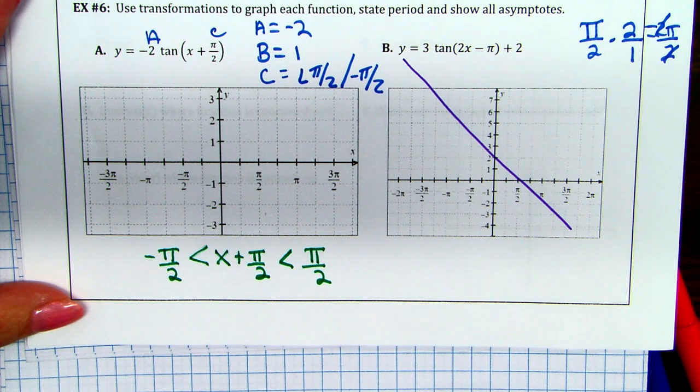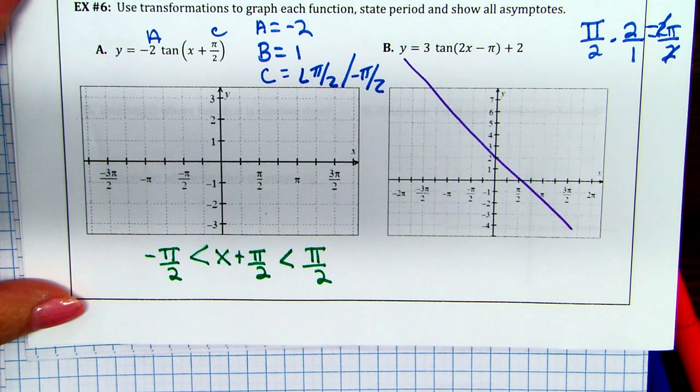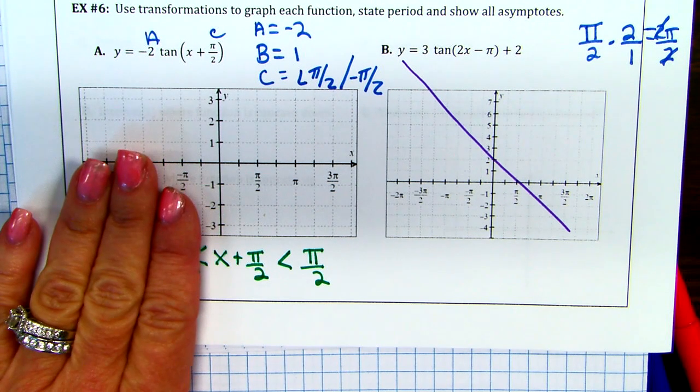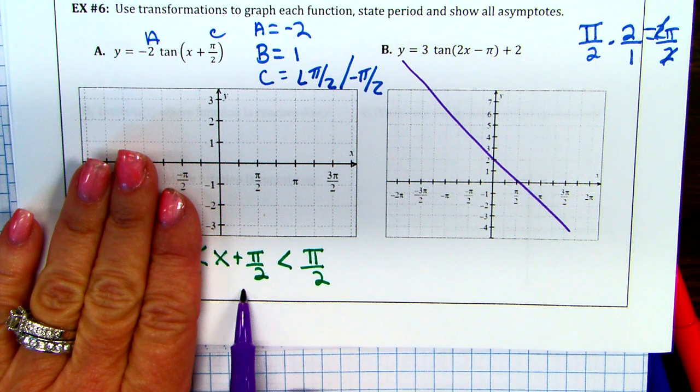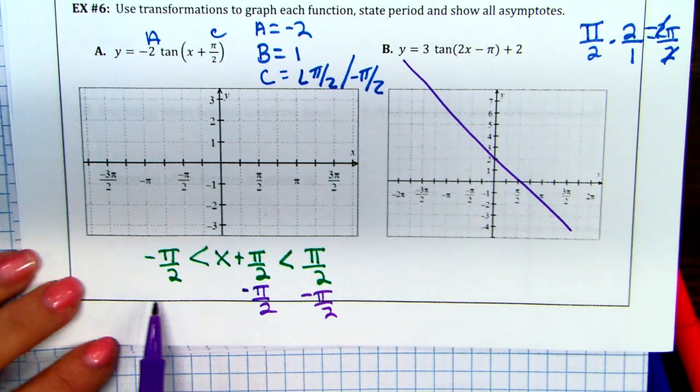Algebra guys, don't let the pi bother you. How do I get x by itself? Anybody? Tanner, tell me. Subtract. Oh, how do you get x by itself? You subtract. You don't always have to multiply and do fancy stuff. Sometimes we get to just do nice old-fashioned subtraction.